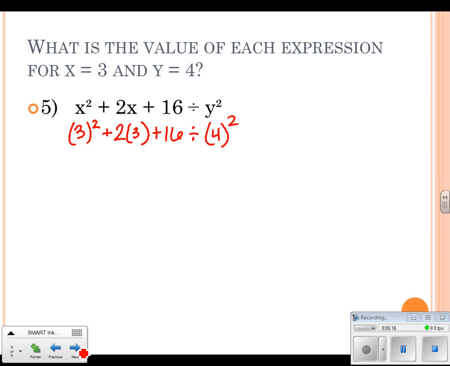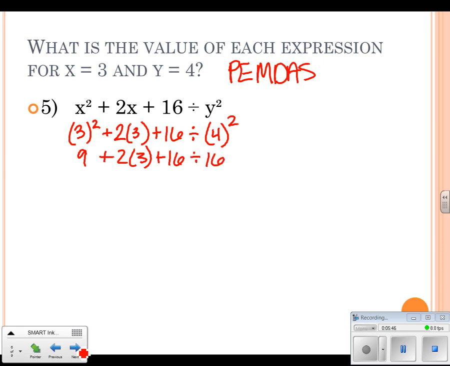So we're going to start with, for PEMDAS here, I'm going to rewrite that. We know that we're working with our parentheses first, but the parentheses here are just here to separate the base from the powers, and for multiplication with the 2 times 3 there. So we don't have anything to simplify inside parentheses, so we're done with the P. E is exponents, so we have 3 squared and 4 squared.